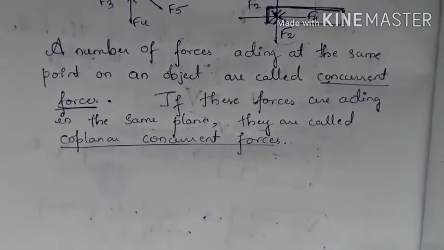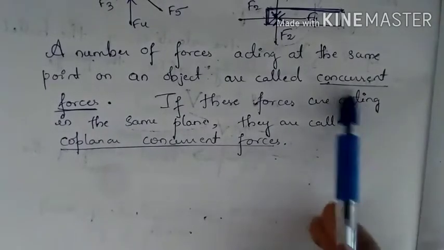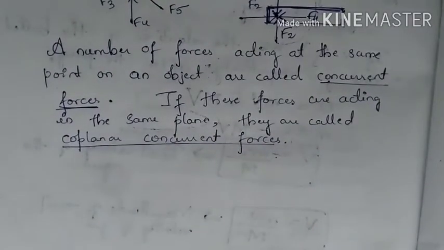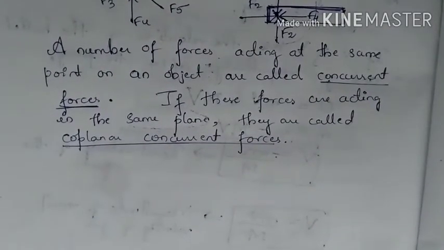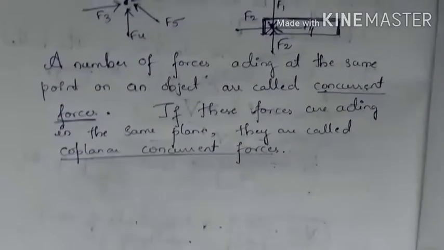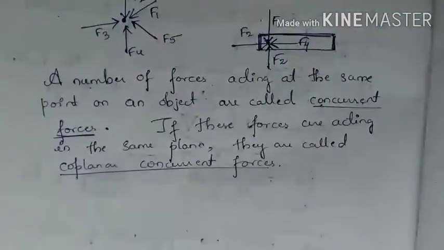So for equilibrium of a body under the action of a system of concurrent forces, the resultant of these forces must be equal to what? That will be equal to 0.